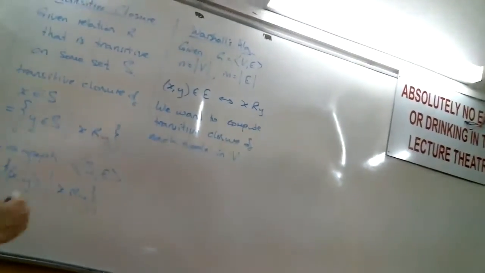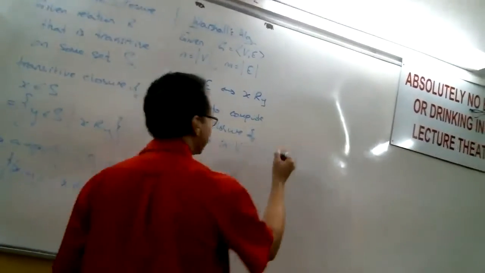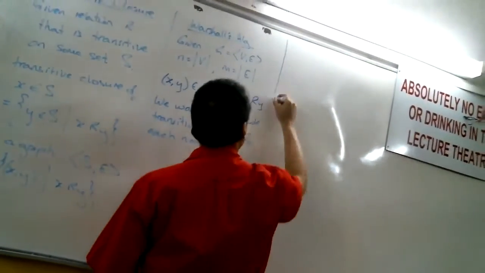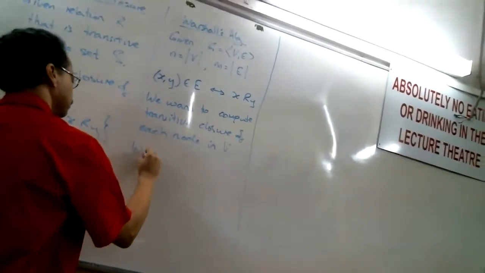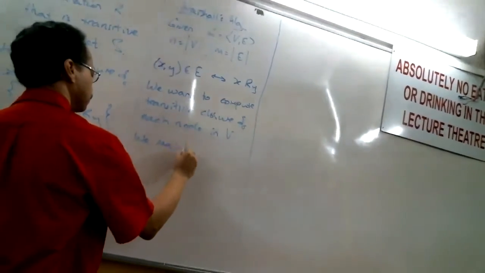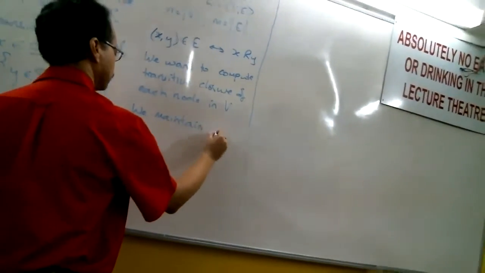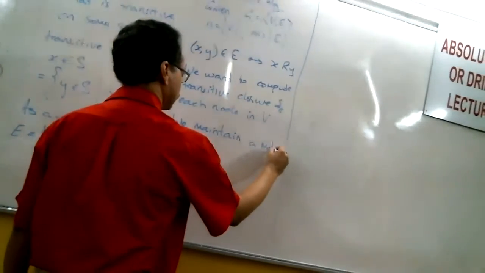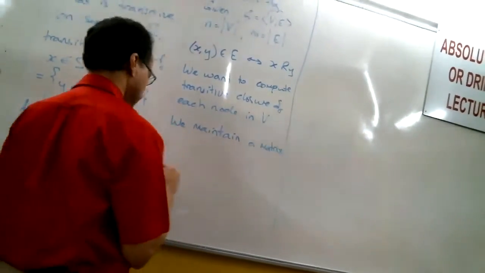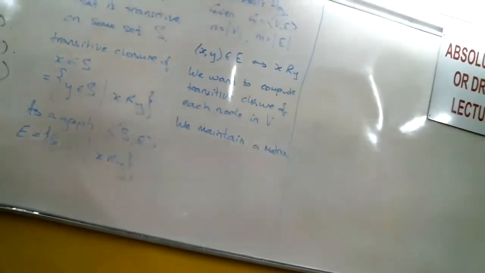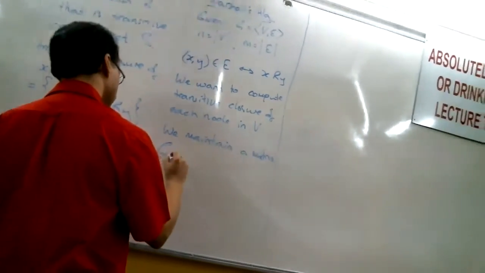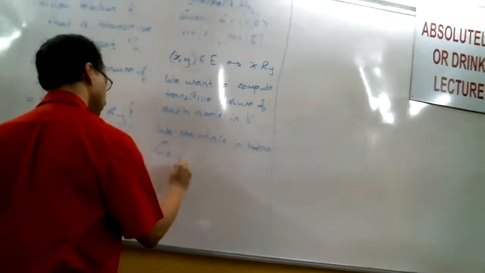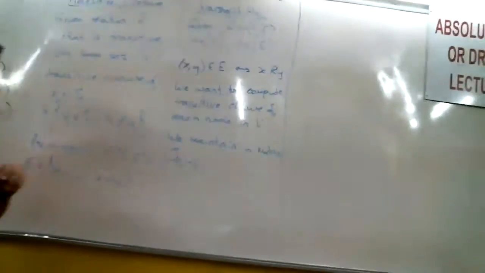So the idea is this: we're going to maintain a matrix. What's a good name for this matrix? Let me call it C for closure. Remember that notation, C subscript n comma n means n by n matrix.